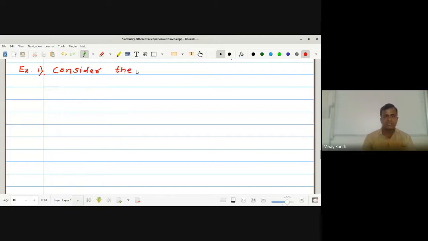Consider the equation: fifth derivative of y minus fourth derivative of y minus y dash plus y is equal to 0.